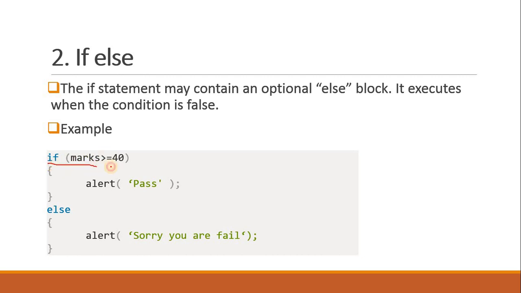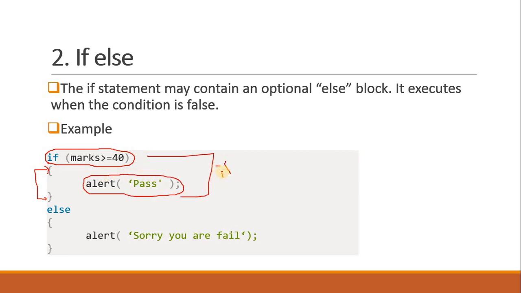We have the if statement, and after it immediately the condition in parentheses. Then the if statement has a body with opening and closing curly brackets, and it contains any number of statements. This is called the body of if. This body will get executed if this particular condition is true. If the condition is not true, then what will get executed is the body of the else statement.